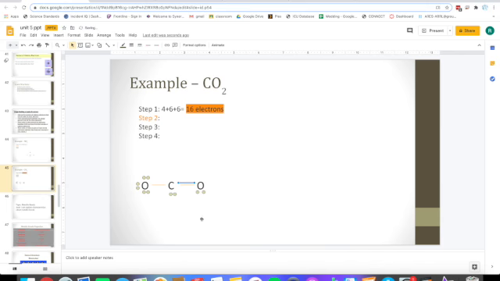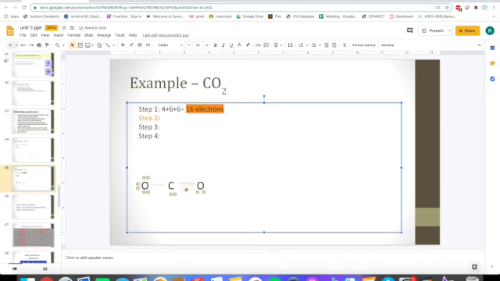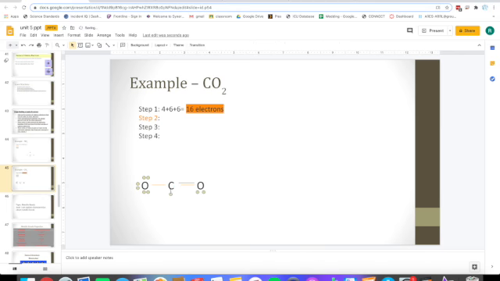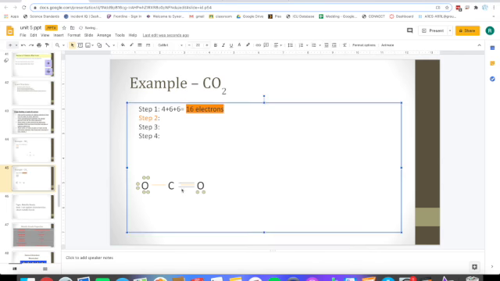So now it's a double bond, or there's 2 lines. So that would be 2, 4, 6. So we're getting closer to 8, but we're still not quite at 8. So if we take these 2 dots and change them to a bond over here, now we have 2, 4, 6, 8 for carbon and 2, 4, 6, 8 for oxygen, and everything's happy.